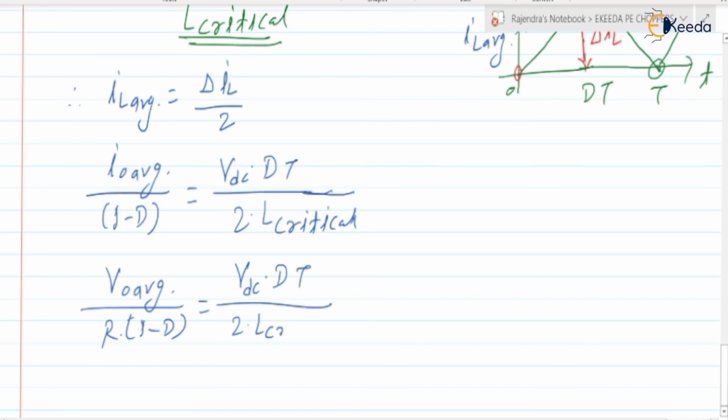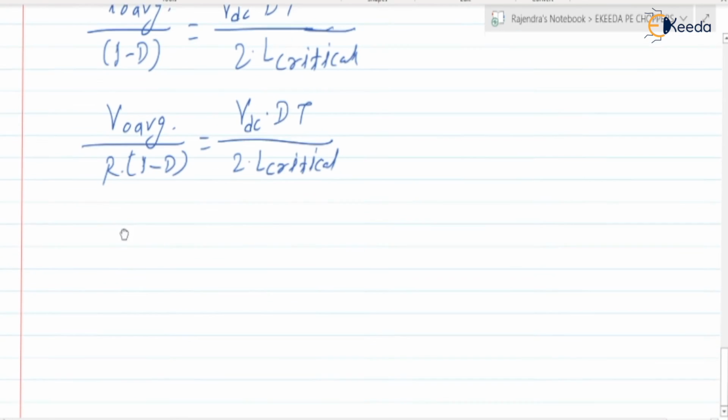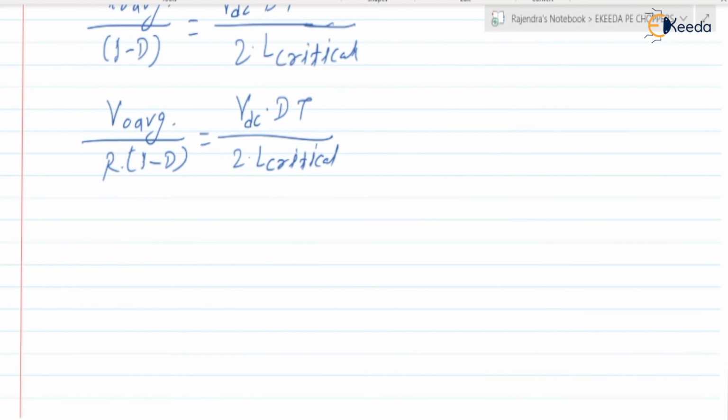Now from this, further we can write V0 average. V0 average is equal to D into VDC upon 1 minus D.